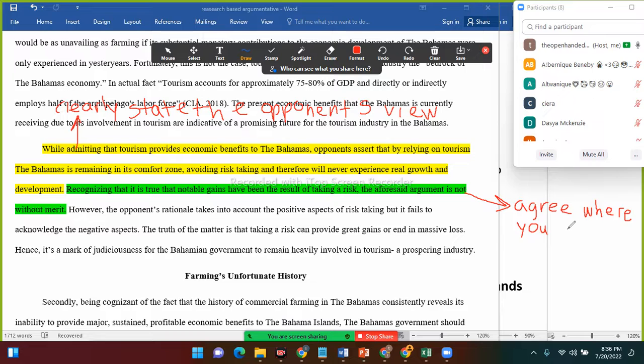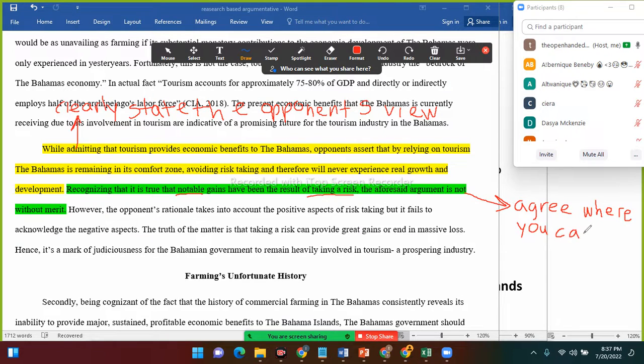So I said, hey, it is true that notable gains have been the result of taking a risk. That is true. The opponent is right that there is something to taking a risk. When you take a risk, you can have a notable gain, a great gain. So I agree where I can.